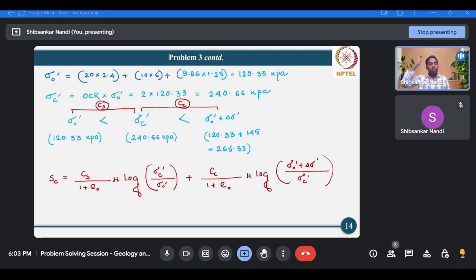In this way, different combinations can be possible.